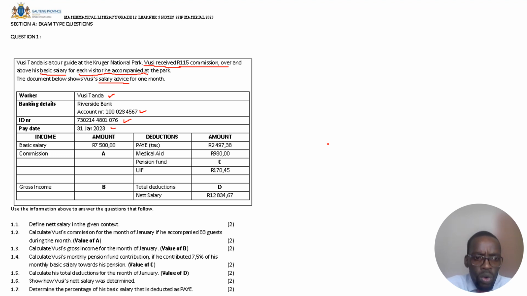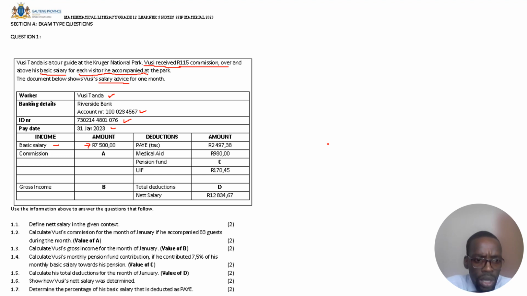The money will go in on the 31st of January 2023. Okay, and then we are also told that Vutsitanda is going to get a basic salary here, an amount of 7,500, and then his commission, we are told that it's A. It means we might need to end up calculating the commission there.